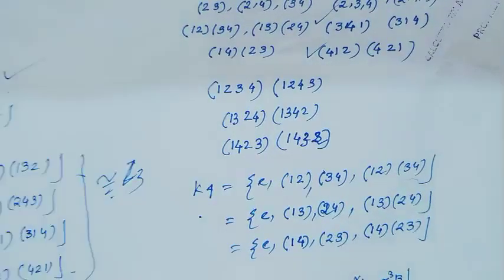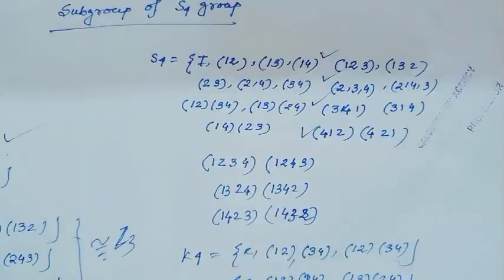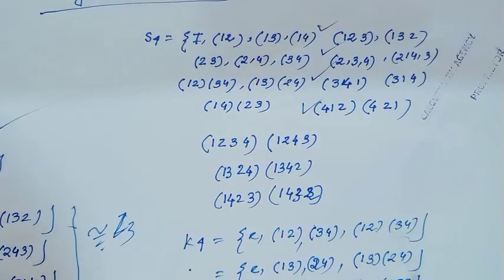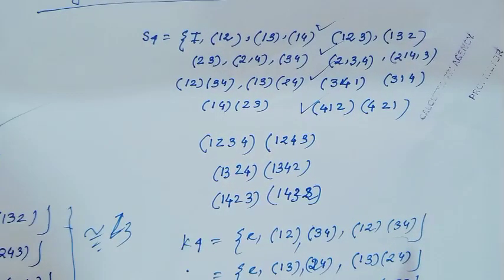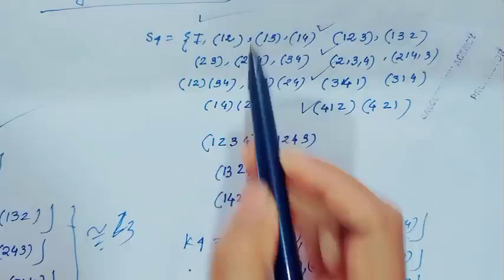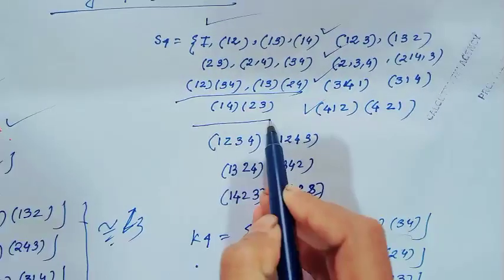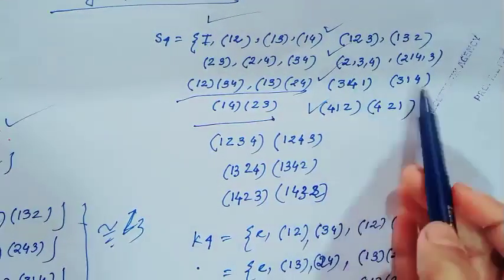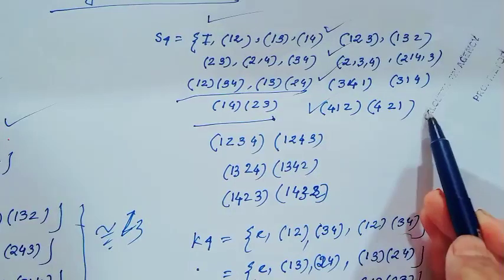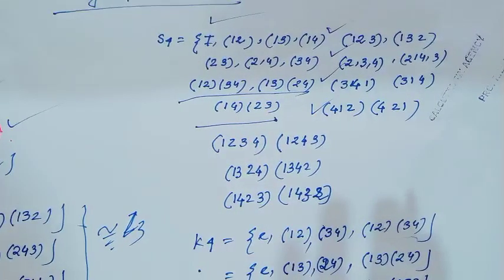The other subgroup is A4, and we all know A4 means just even permutations. This would be identity, this type of cycle, and the other 3 cycles, all containing even permutations.